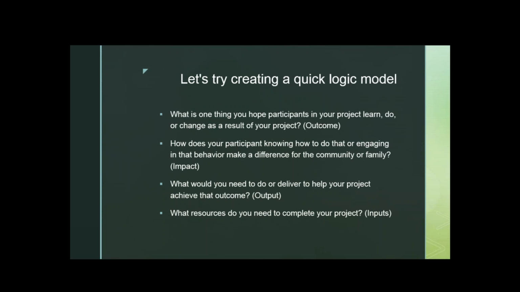And that's perfect. One thing I would say is you don't have to create dozens of outcome statements. You can keep it simple. The other thing I have learned in using logic models that's helpful for me is, I tend to be an idealist, and so I'm like, let's save the world. But it's really hard to measure whether or not we saved the world.